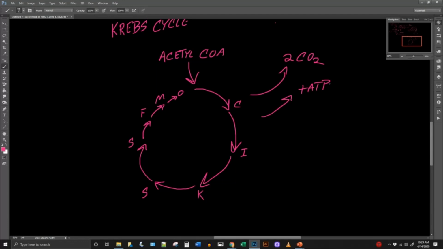There's no ATP synthase involved. There's no chemiosmosis involved. Substrate level phosphorylation is very straightforward: just tear a phosphate from one thing, pop it onto another thing. So you get 2 ATP.